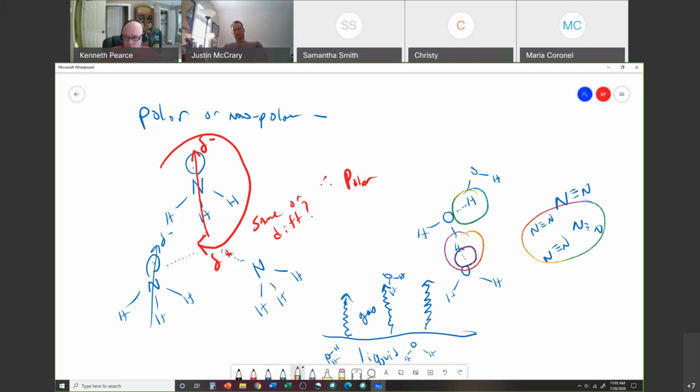It's going to take more energy to vaporize something like water as opposed to nitrogen molecules. So you actually have a lower vapor pressure for something that's polar versus something that's non-polar.